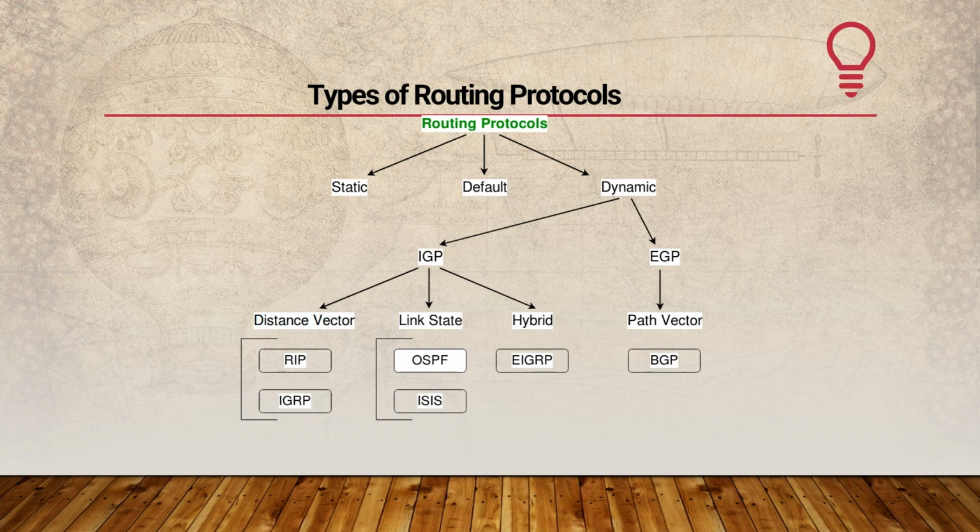Based on algorithms, they choose the path. Among the dynamic routing protocols, many are there: RIP, IGRP, OSPF, IS-IS, EIGRP, BGP. Among these, most organizations majorly use OSPF, EIGRP, and BGP. In enterprise networks, these three routing protocols are predominantly used.